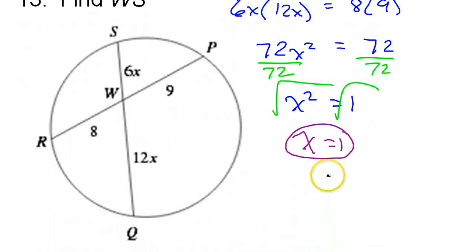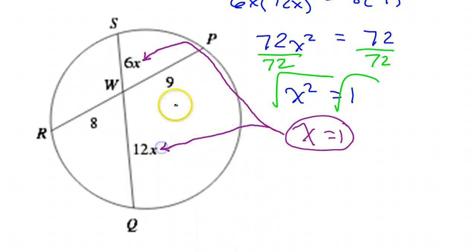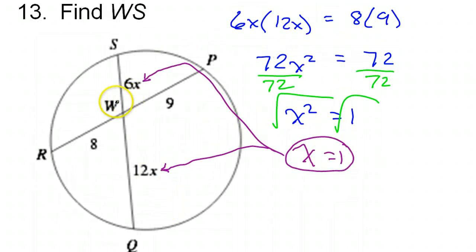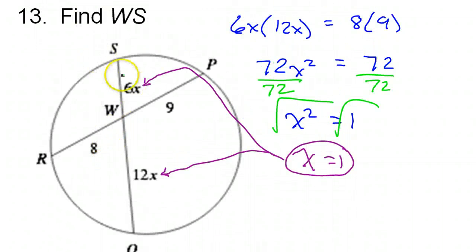But again, this is not the final answer. I'm going to take this and put it in here and here. So 12 times 1 is just 12. 6 times 1 is just 6. So we're supposed to find WS.